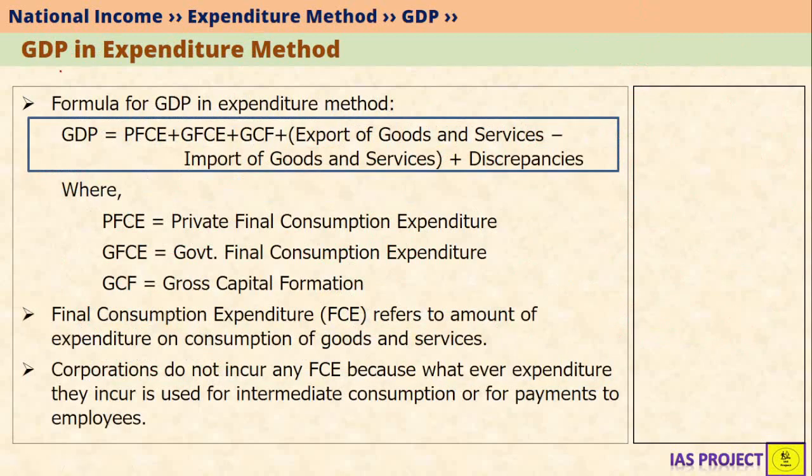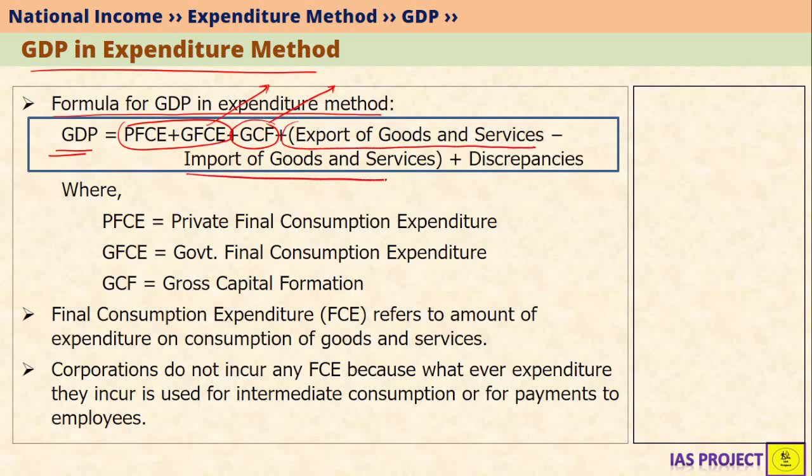Let's see how to calculate GDP in expenditure method. GDP is PFCE plus GFCE. Together they are called consumption expenditure. We have GCF or gross capital formation, which is nothing but the investments or saving part. Also we have exports of goods and services, minus imports of goods and services, because we know that GDP is a territorial concept.